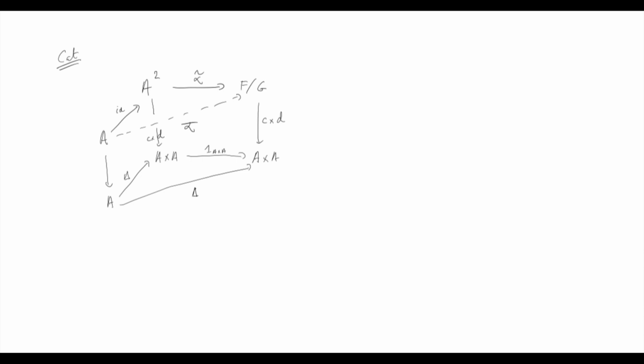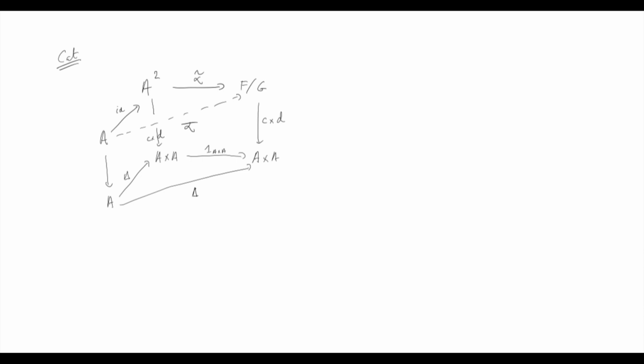And whereas previously we had this commutation A delta alpha bar C cross D, here we have this commutation C cross D alpha tilde, and the identity over the product category A cross A and C cross D.